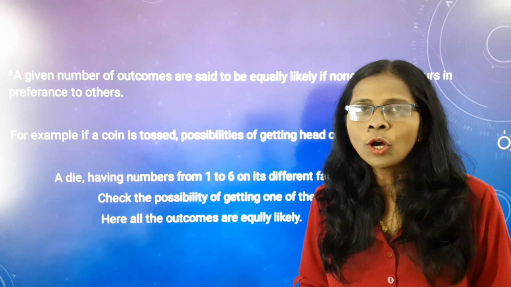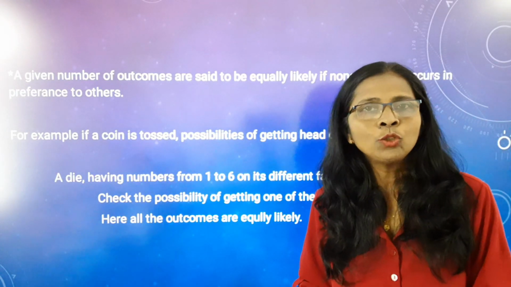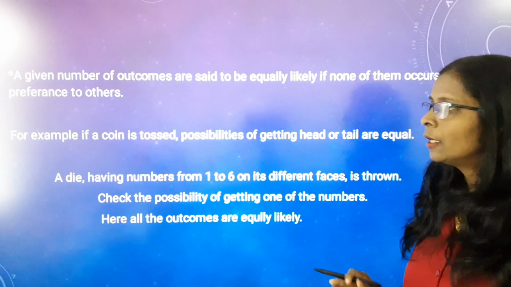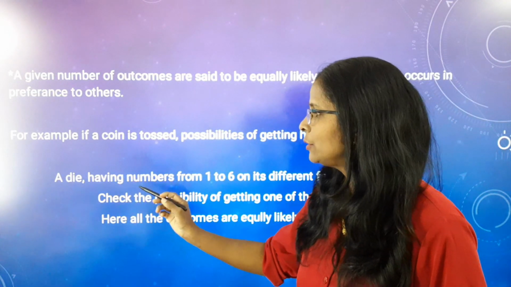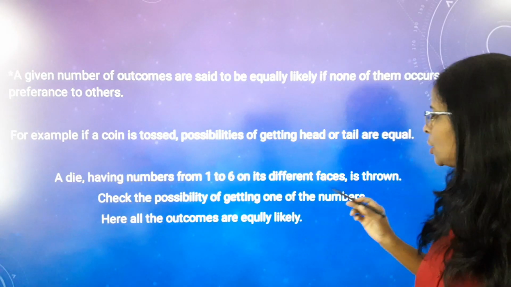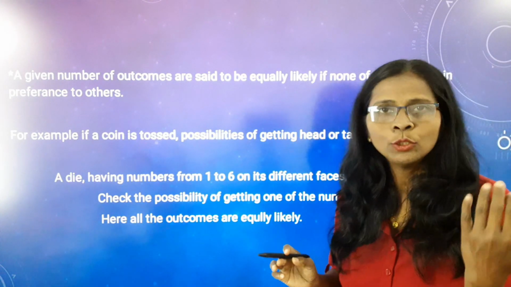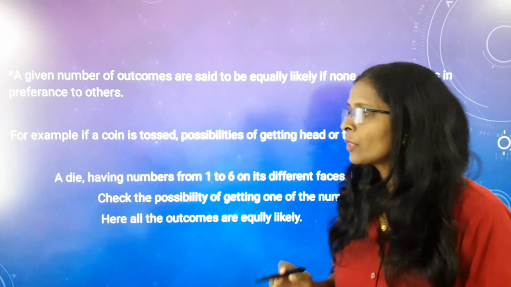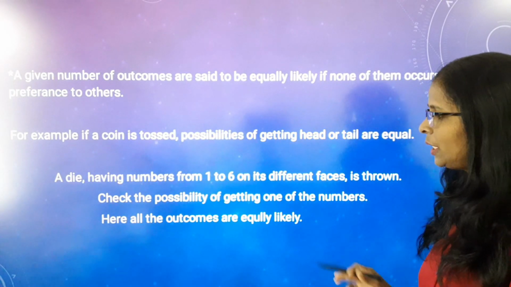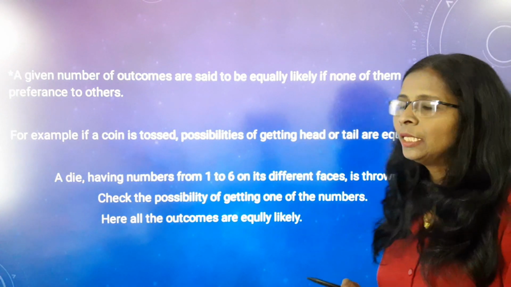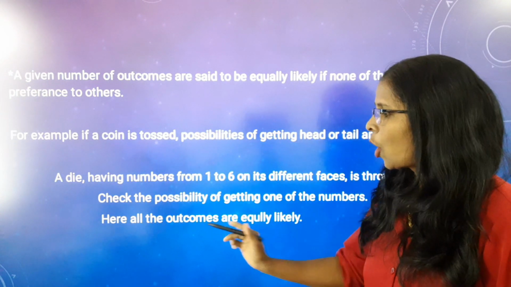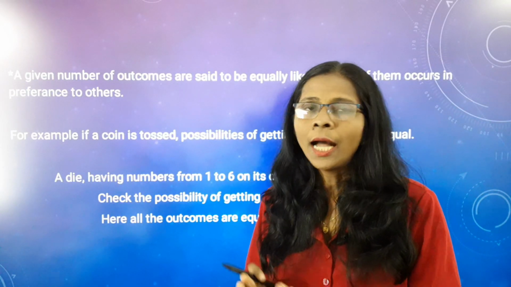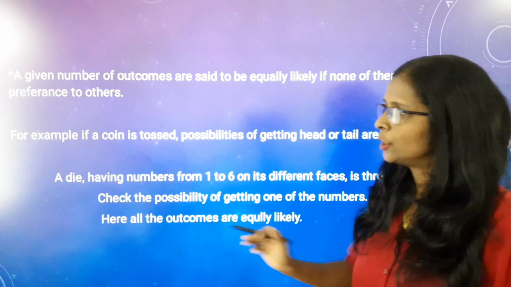There are only two possibilities, either head or tail. Throwing a die, there are 6 possibilities, and all the outcomes are equally likely.